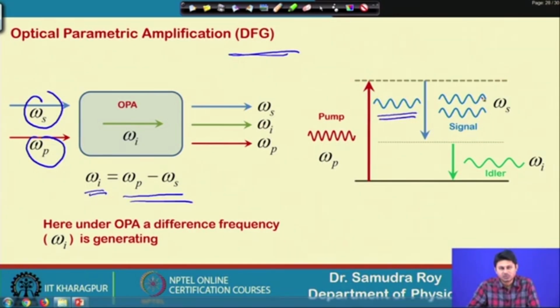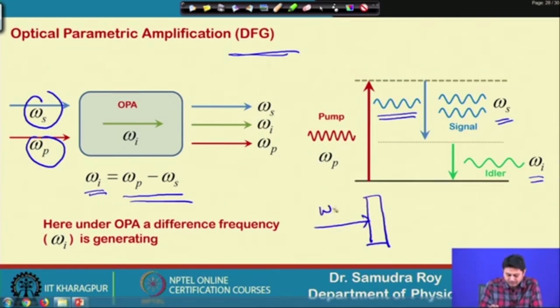We will get two blue waves here at frequency omega s, and there is also a difference frequency, which we call the idler, that is also generated. So, the system absorbs the pump, with frequency omega p, or in terms of field Ep, and it is going to generate two different waves.